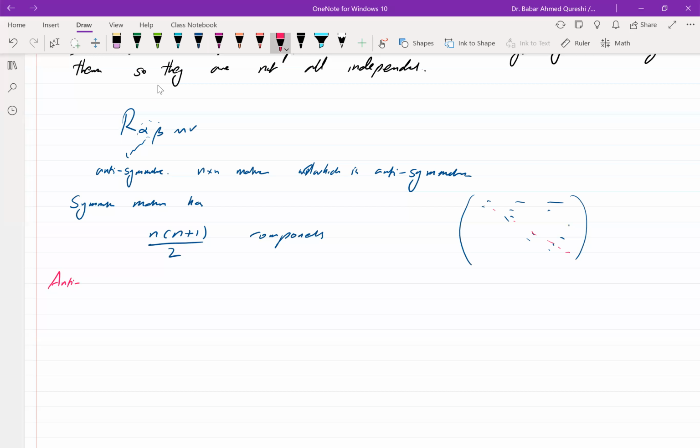So an antisymmetric n by n matrix will have the same number, but the diagonal is all 0, so minus n. So you have n square plus n minus 2n, so n into n minus 1 over 2.